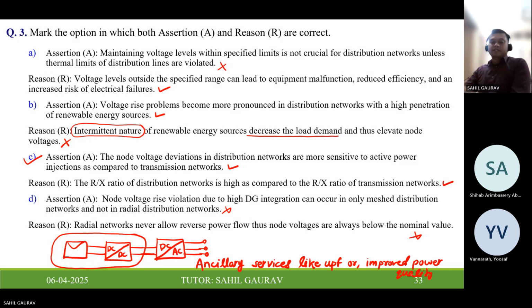So this can provide ancillary services also, not just feeding power to the grid. You can control the power through the inverter and you can provide some ancillary services or voltage level. Is this clear or not?